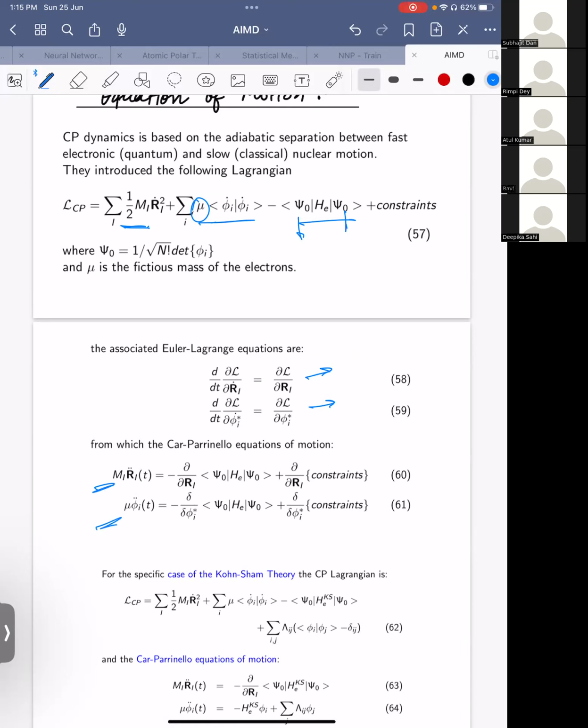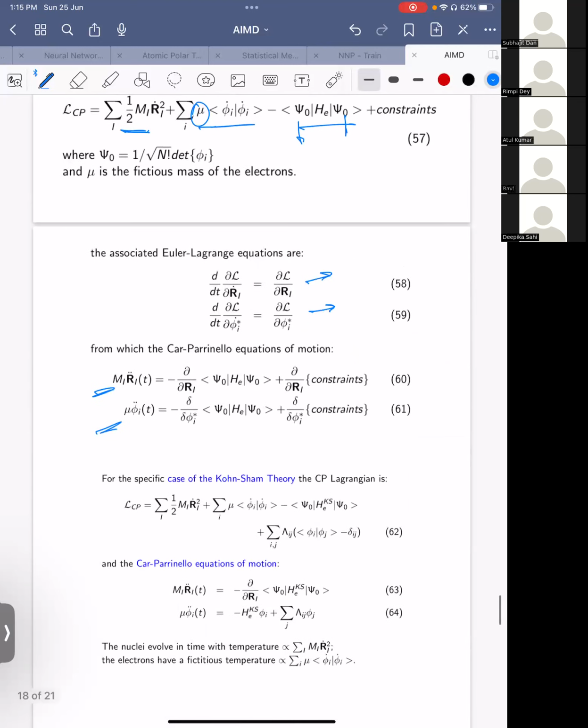These constants are again orthonormality constraints. And if we look at the specific case of quantum theory, this will be our final Lagrangian for CPMD, and this will be the equation of motion.